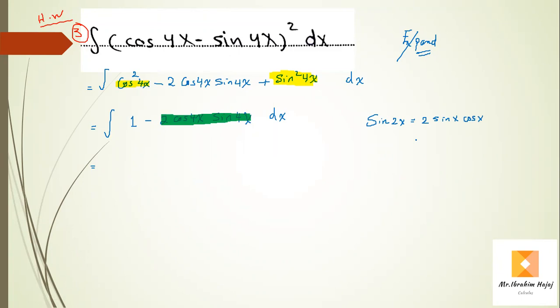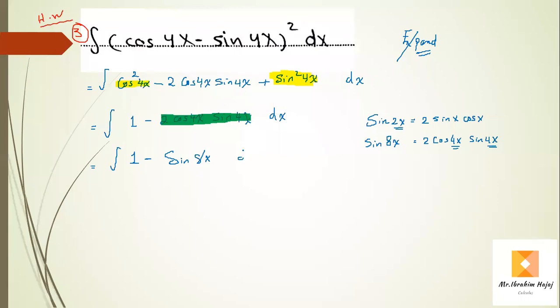But here we have cosine 4x and sine 4x, so the angle should be doubled: sine 8x, so that it is the half. So 1 minus sine 8x.